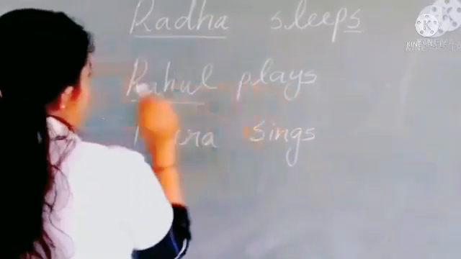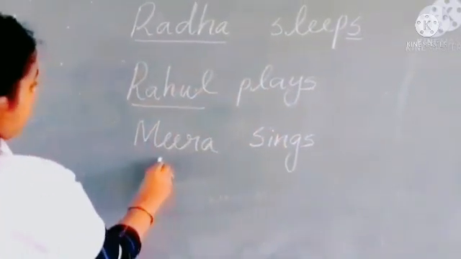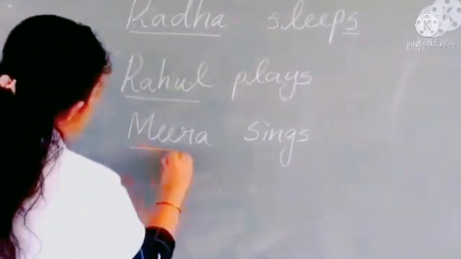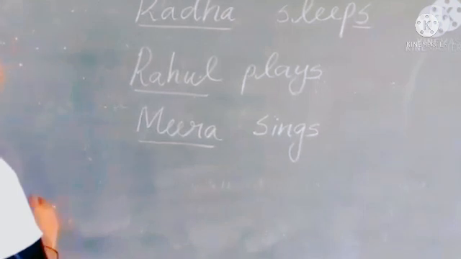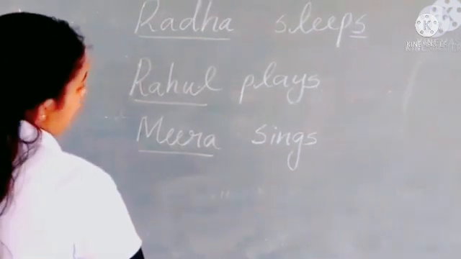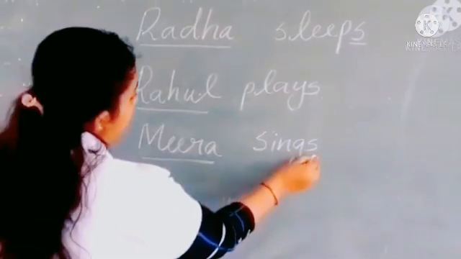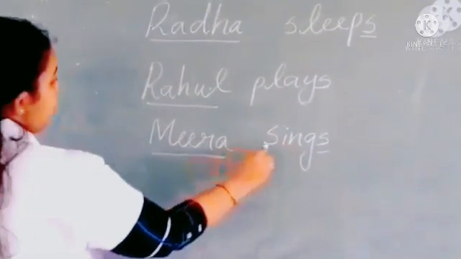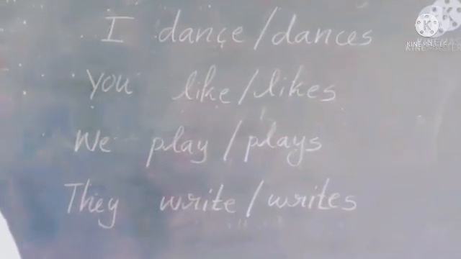So Rahul plays. And the next one, Meera sings. Which is the proper noun here? Meera is the proper noun. So with a proper noun, we need to add s with the verb. So here we add s with the verb sing. So Meera sings. See children, look at the board.